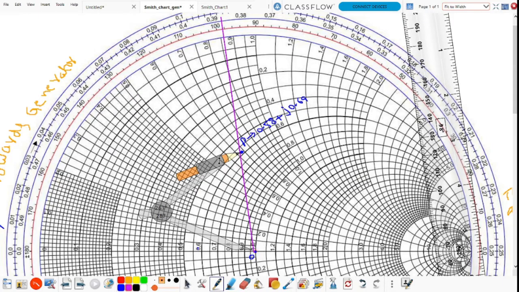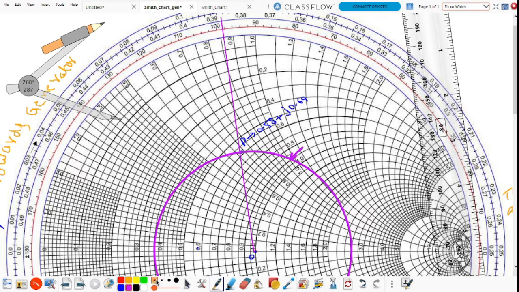And this is the VSWR circle, the voltage standing wave ratio circle or constant S circle.